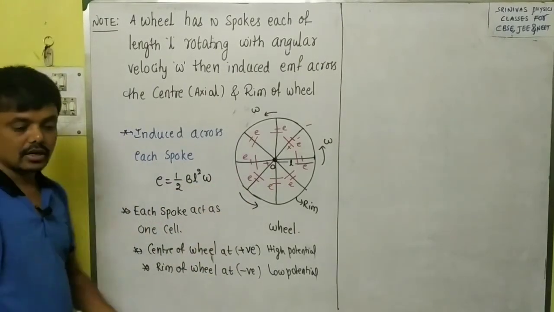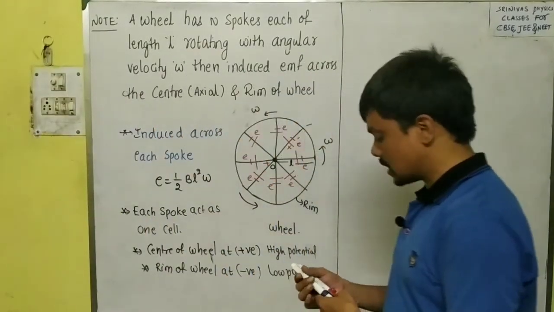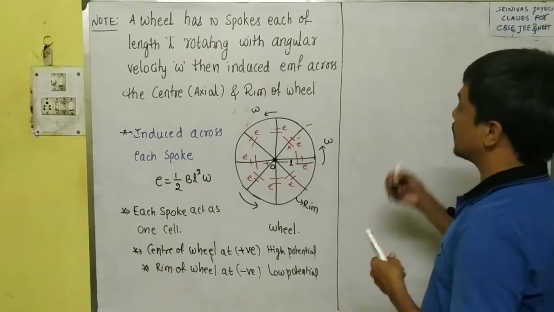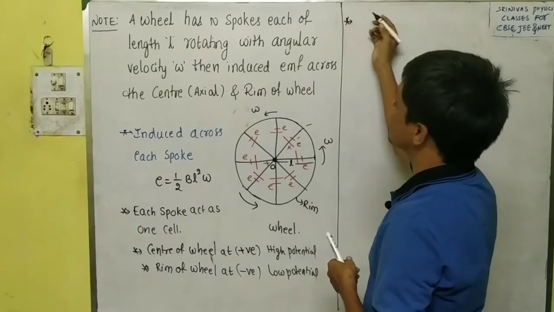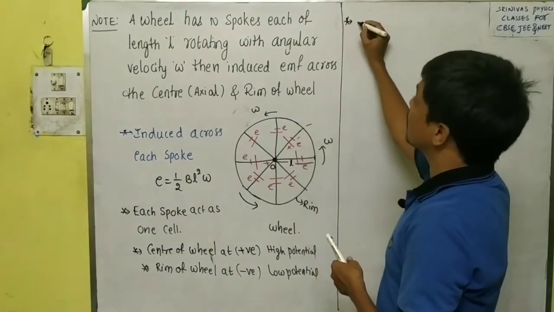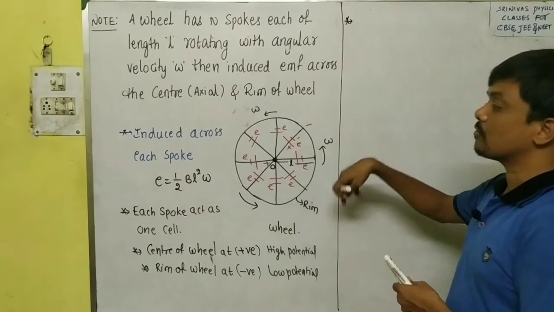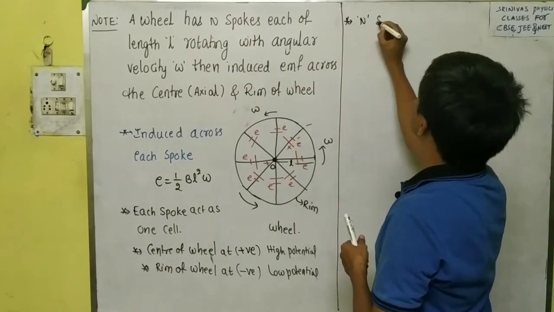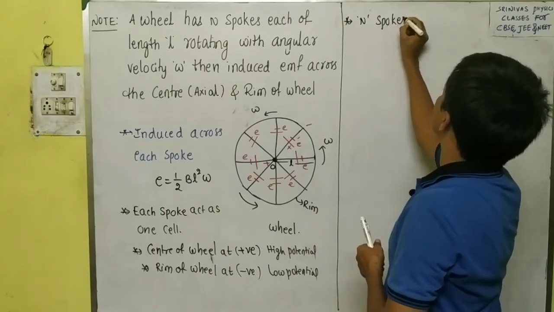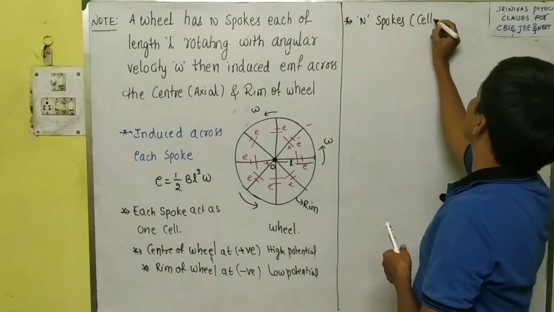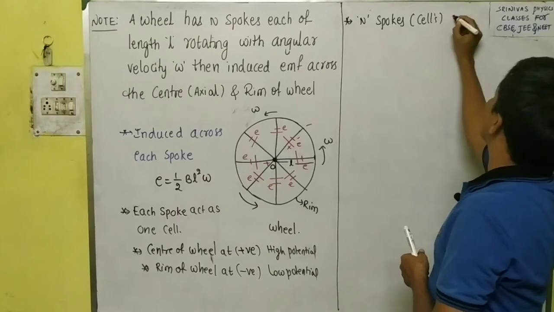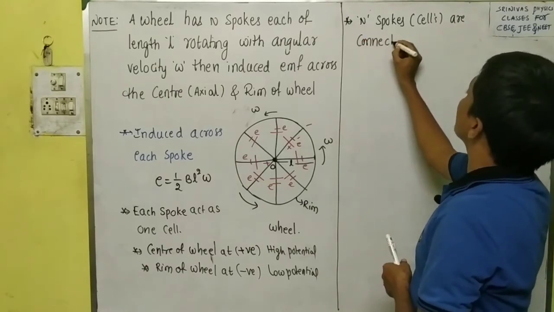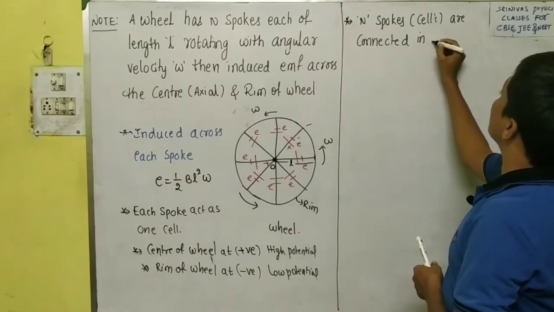That means these n spokes act as n cells. When they are connected in parallel, the effective EMF is equal to the EMF of one cell only. Each spoke acts as one cell, and n cells are connected in parallel.